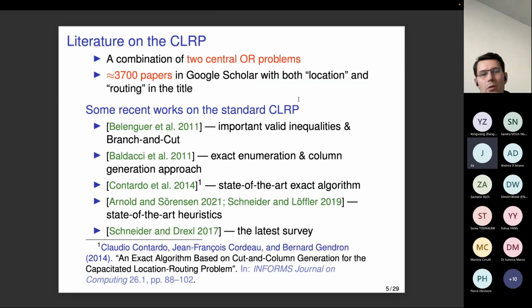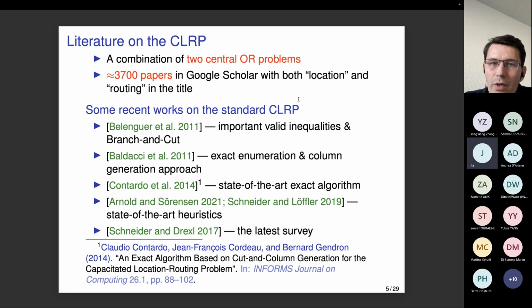So why would we like to work on this problem? First of all, what is interesting here is that this problem is actually a combination of 2 central operations research problems, namely the capacitated location problem, more precisely the discrete capacitated location, and the capacitated vehicle routing problem.